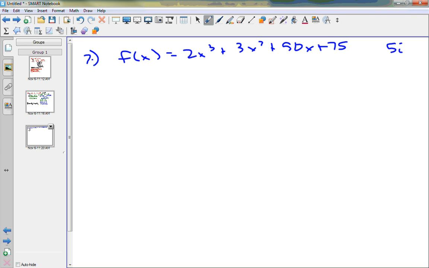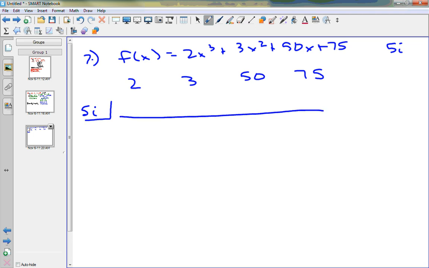So now we have to do synthetic division of this. At 5i, I'm going to drop down 2, 3, 50, and 75. If I drop down the 2, that's going to give me a 2. 2 times 5i gives me 10i. 3 and 10i are not like terms, so this is going to give you 3 plus 10i.